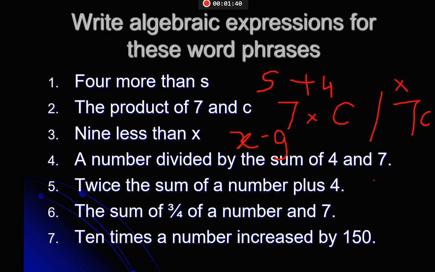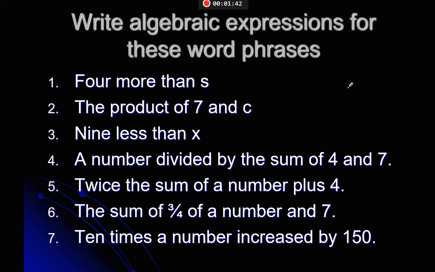The sum of 4 and 7 is 4 plus 7, which is 11. So any number we can consider, x, divided by 11. So we can write x divided by 11.